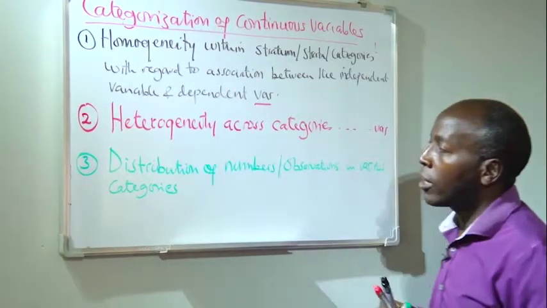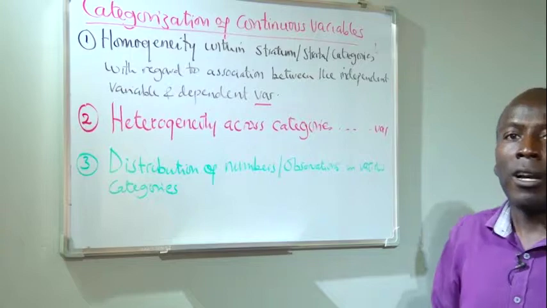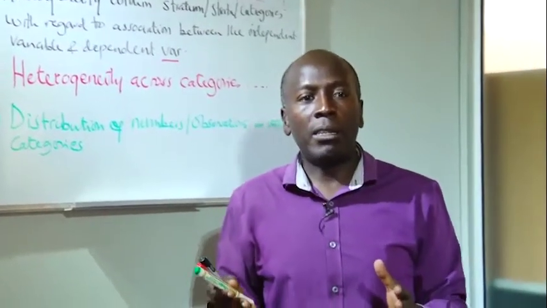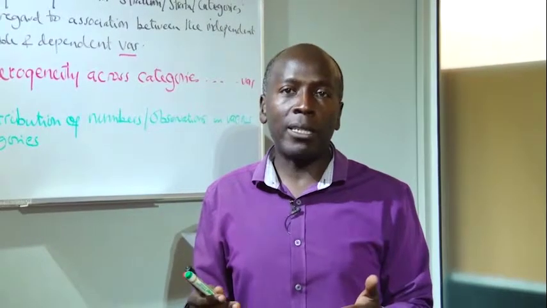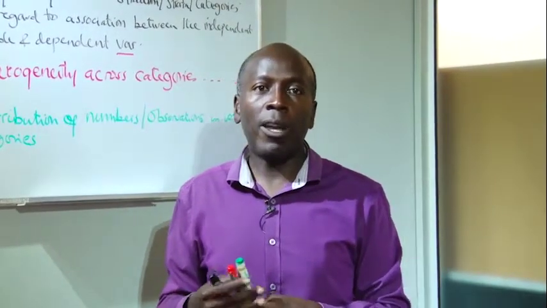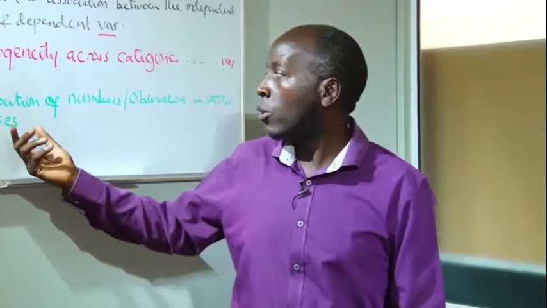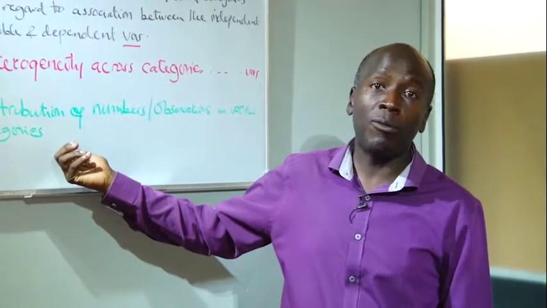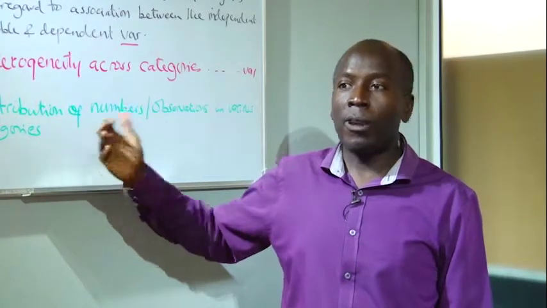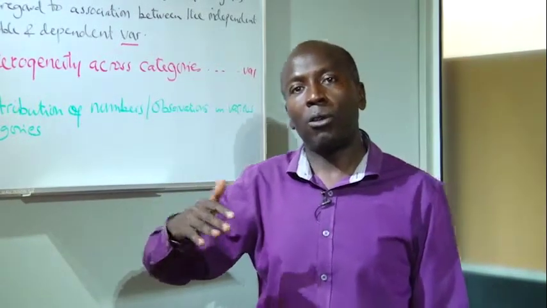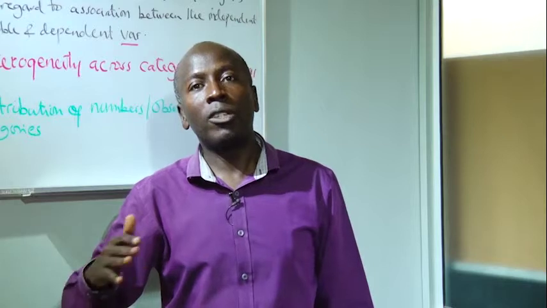So now, for example, you may have enough numbers in some categories, but have very, very few numbers in other categories. Going back to our example of hormonal contraception used in females, you may find that you have adequate numbers for the lower ages up to like 45.